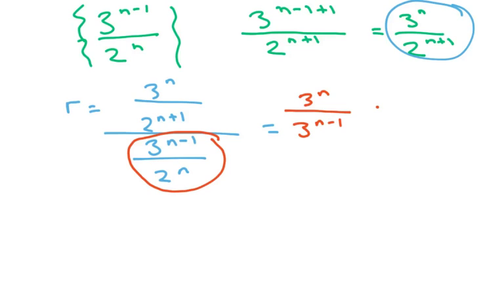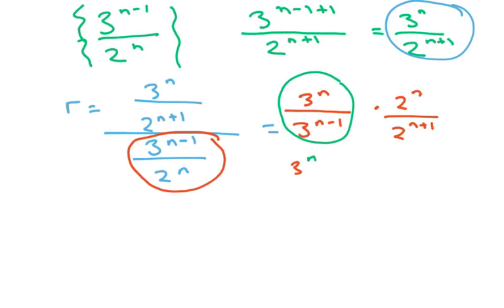I'm flipping this. Instead of dividing, I'm going to flip this as 2 to the n over 2 to the n plus 1. So basically I'm just taking this and dividing by this. And then you flip it. Remember how you flip it when you do that.